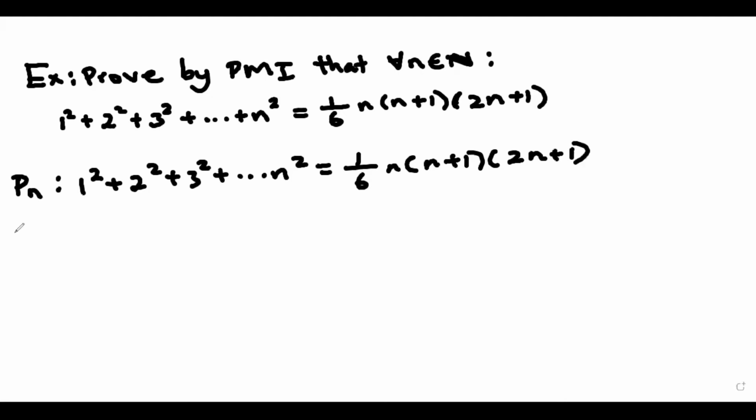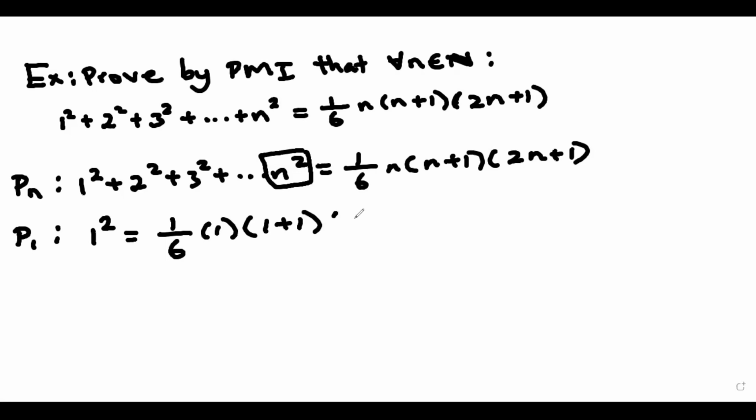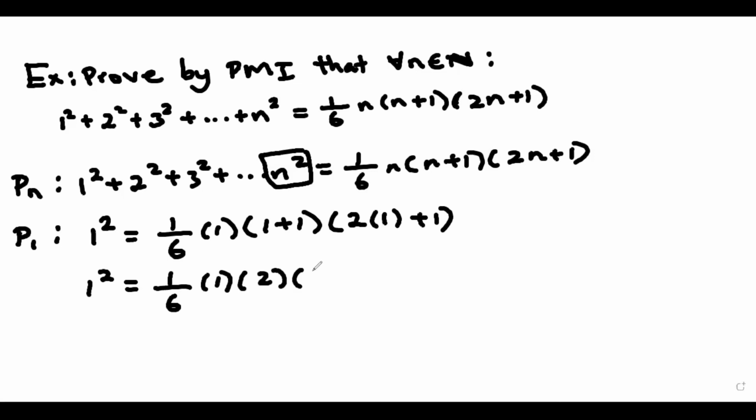So now we're going to be doing our base case. So that's n equal 1. So focusing on this, it'd have 1 squared is equal to 1 over 6 times 1, 1 plus 1, 2 times 1 plus 1. So 1 squared is equal to 1 over 6, 1, 2, 3.